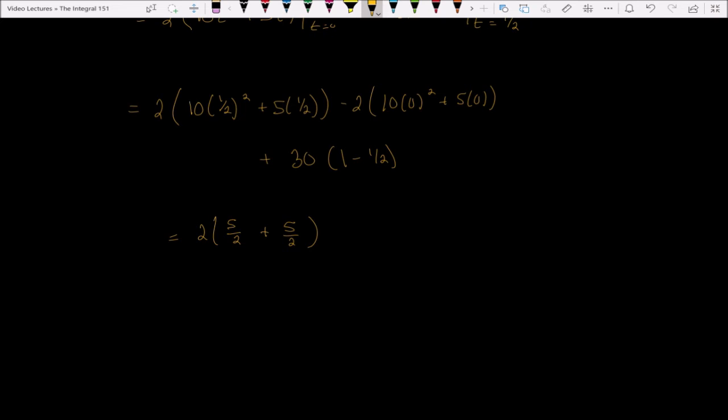That second piece goes all to 0. 1 minus half is a half, so then plus 15.